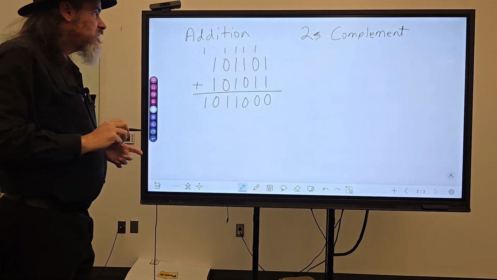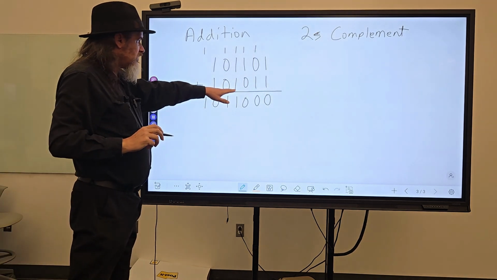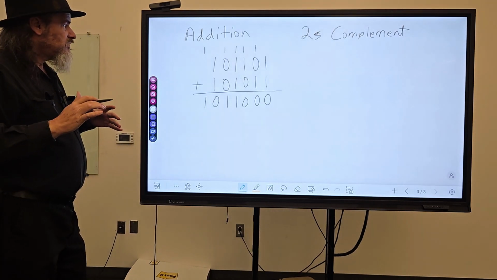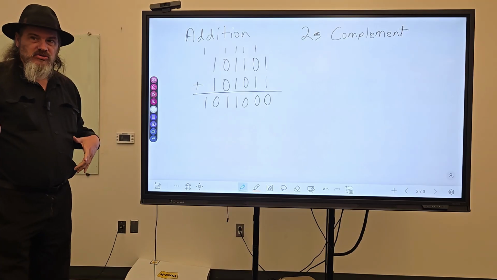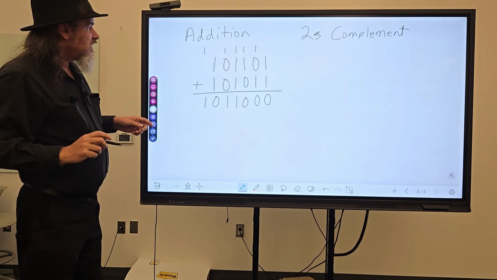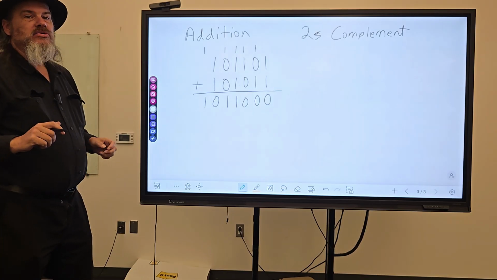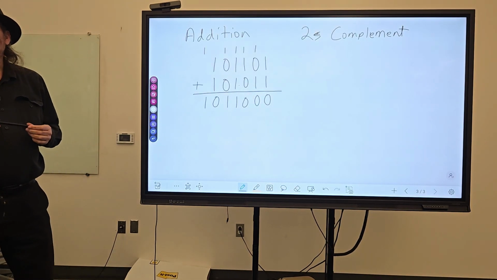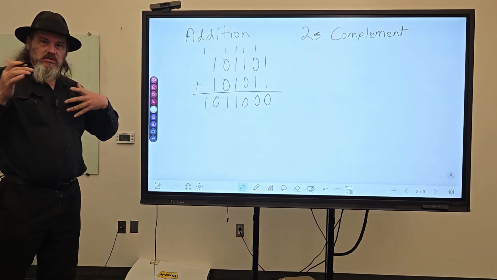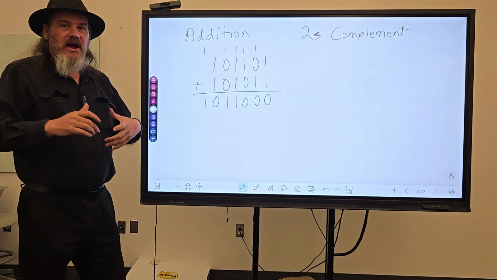So if you have a number that you want to make negative, you first determine how many bits you're going to be using to represent the number. In this case, we have 6-bit numbers. You generally want to use groups of 8 bits when doing math and representing binary numbers in the computer. 8 bits makes a byte.